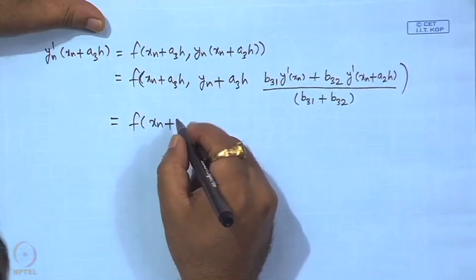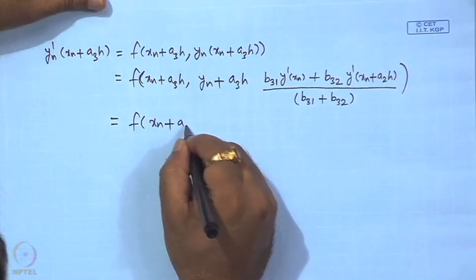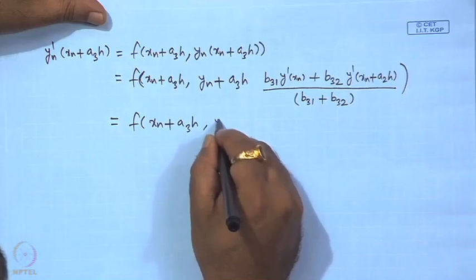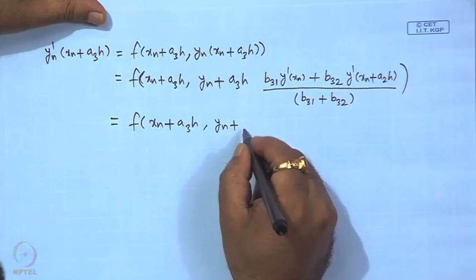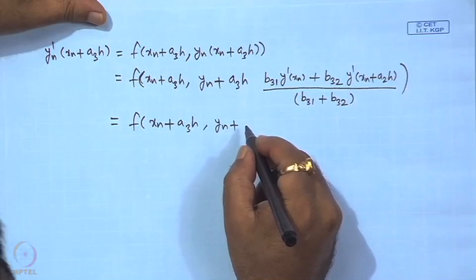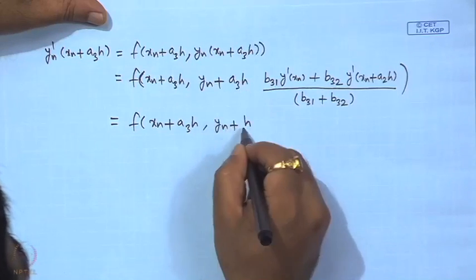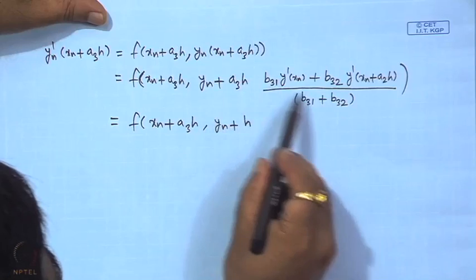Okay. So, this is plus. Okay. Now, I take h common here, this h, look at these constants, arbitrary constants.